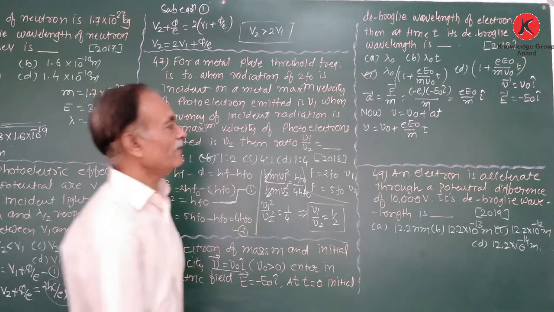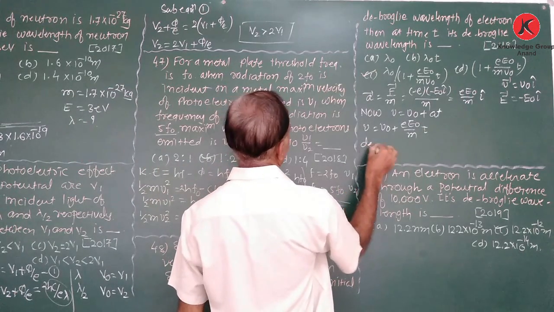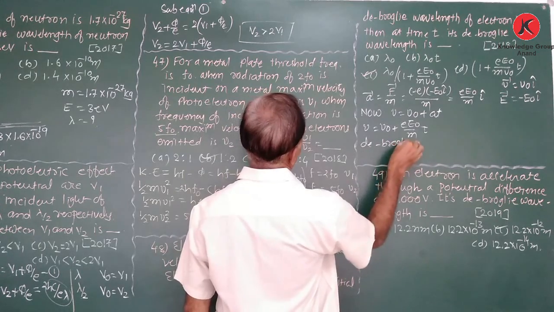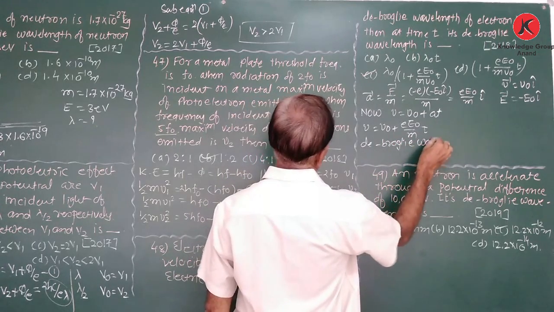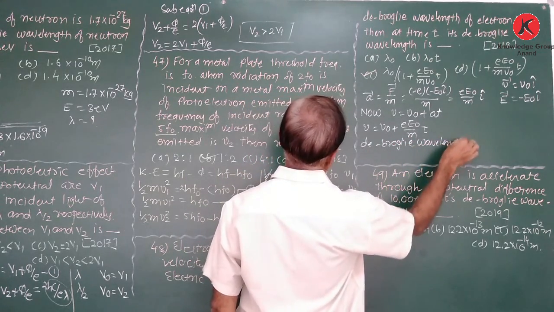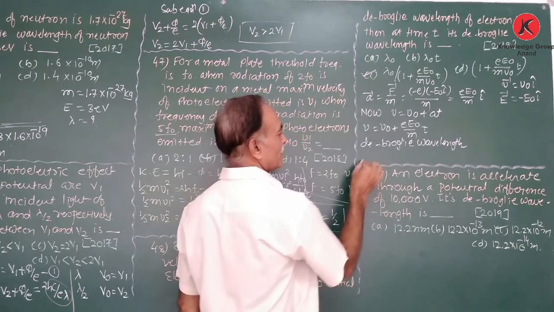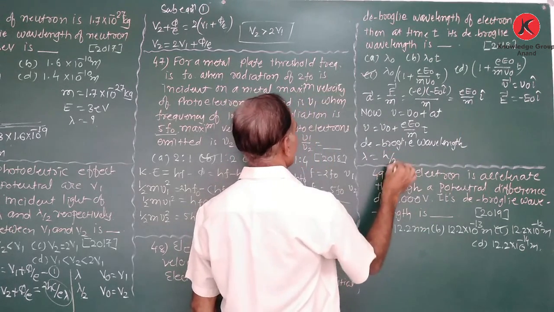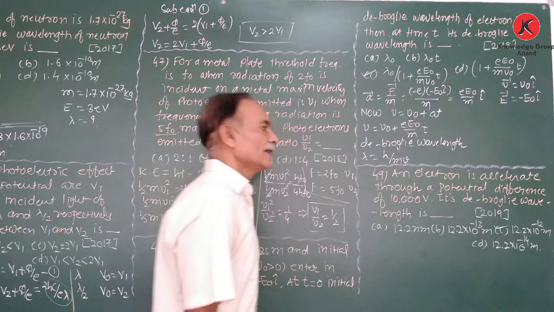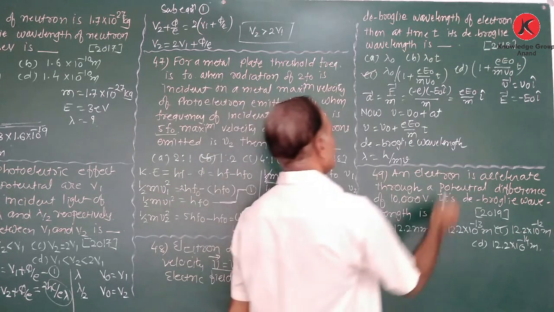Therefore, the de Broglie wavelength lambda is equal to h upon mv. Here we substitute the value.